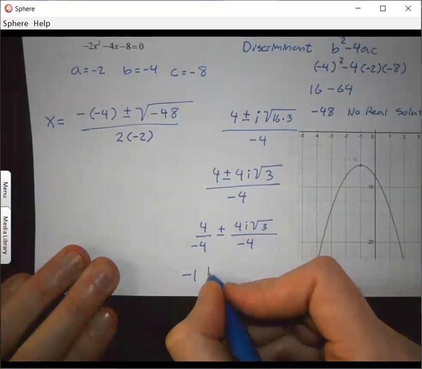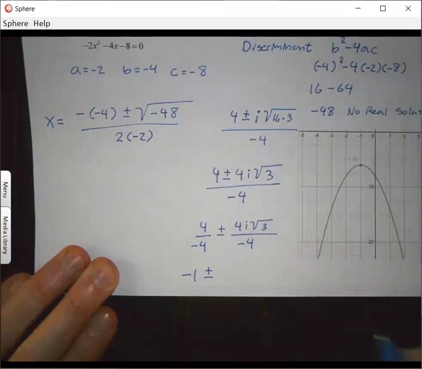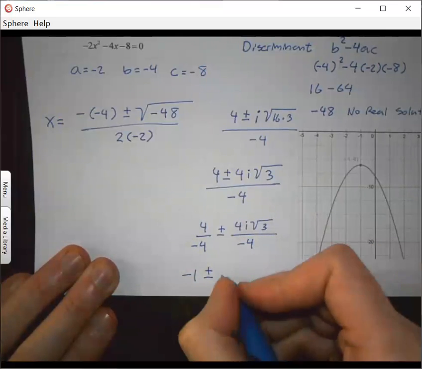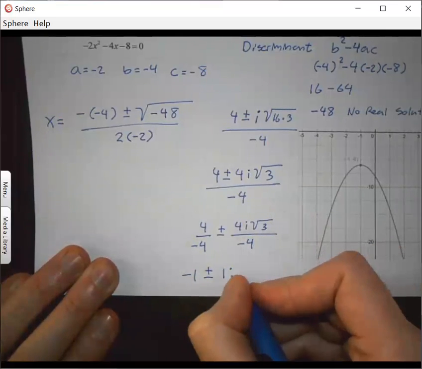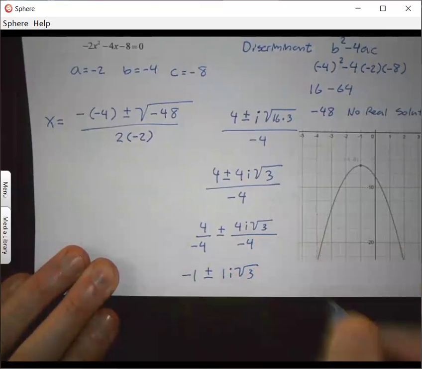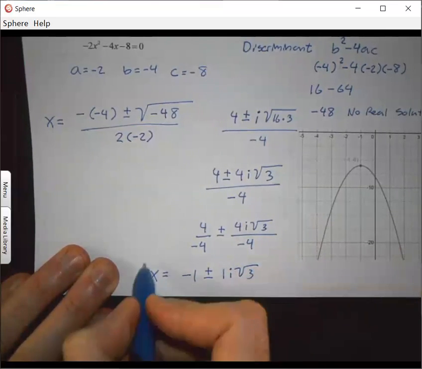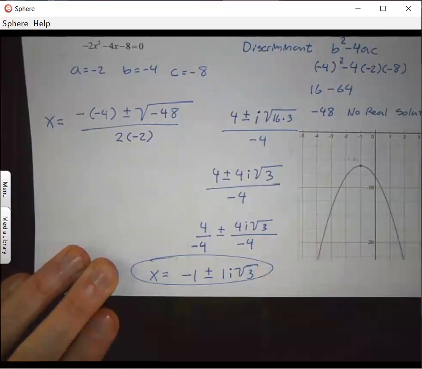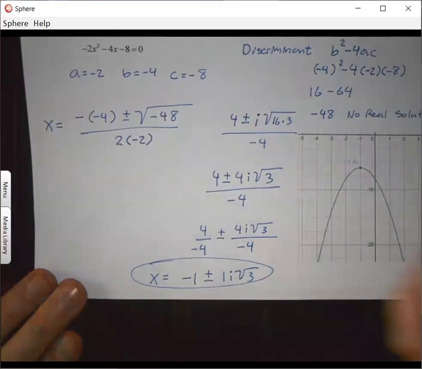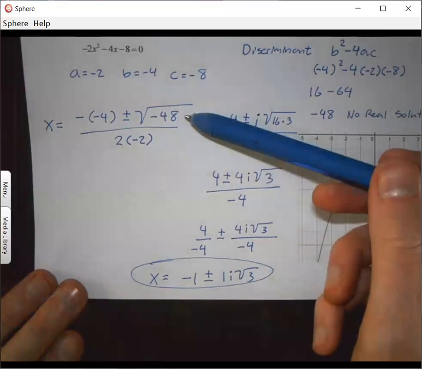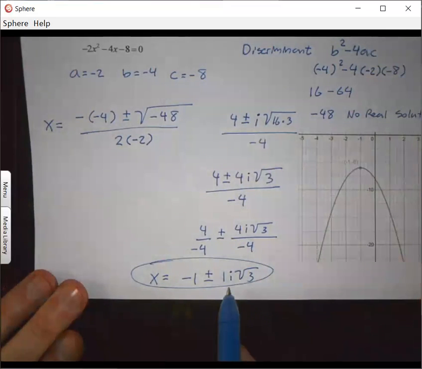So we end up still having a plus or minus. 4 divided by 4 is 1, i root 3. So there are no real solutions when we have a negative discriminant because it gives us an imaginary, or in this case, a complex number. So we have two non-real solutions.